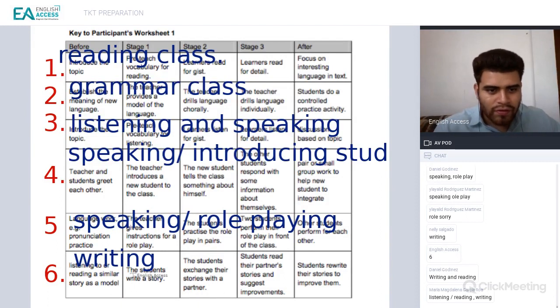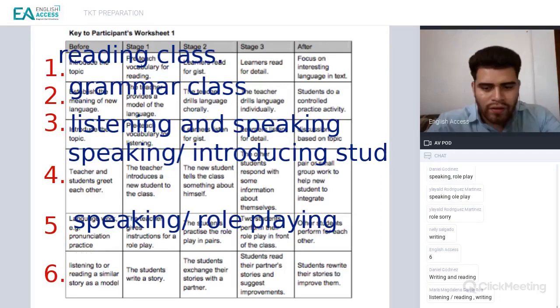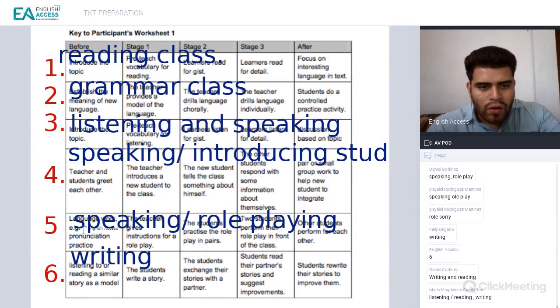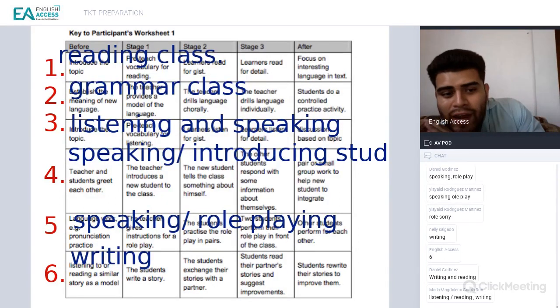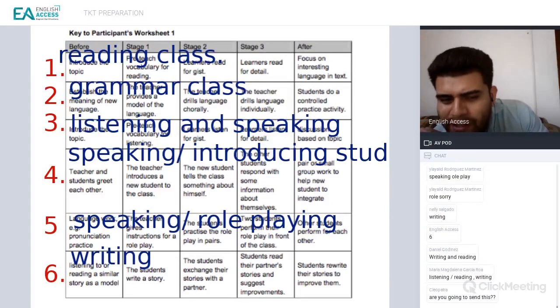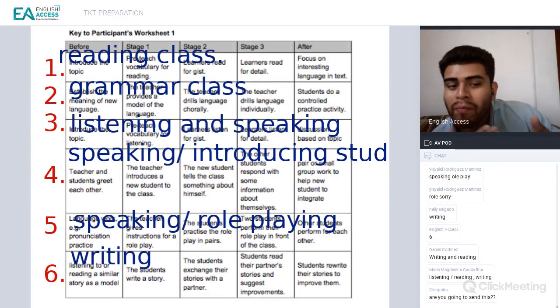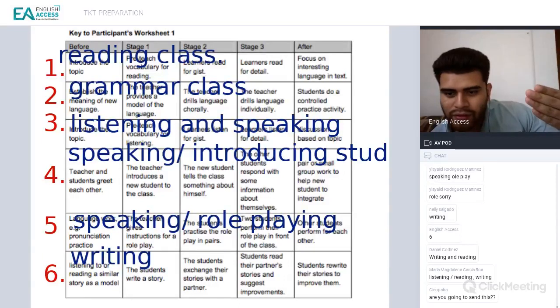Sorry, you're right. Okay, so look, the main objective for number six is writing. We are only using the listening and the reading to give a model.